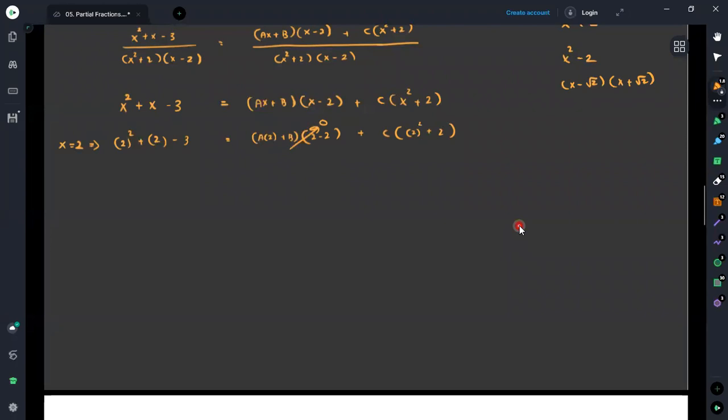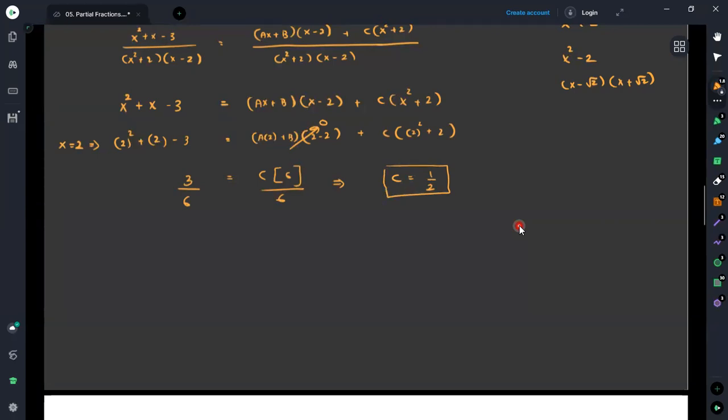Then we get 4 plus 2, 6, minus 3. Altogether we get 3. Then we get c times 2 squared, 4 plus 2 is 6. Then both sides are divided by 6, and we get the value of c equals half.